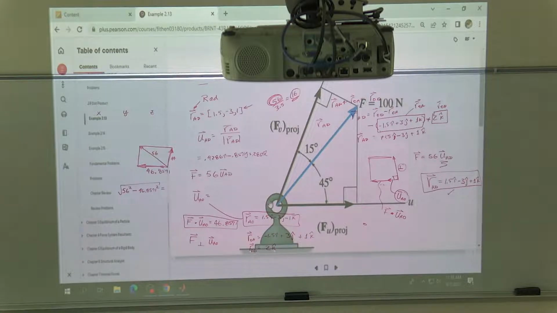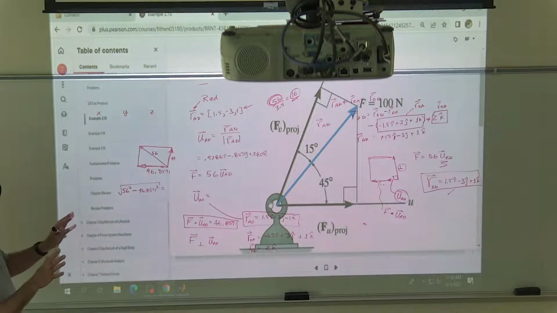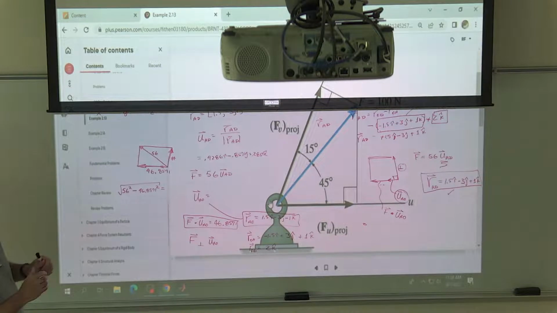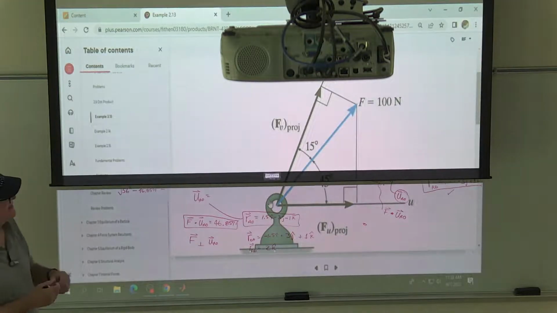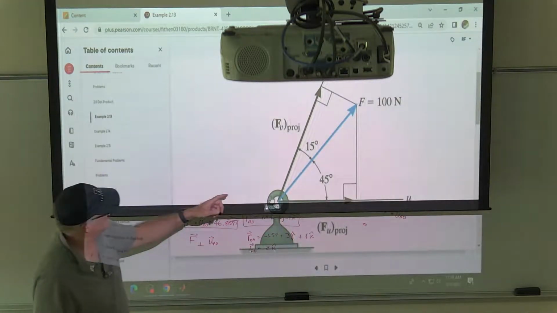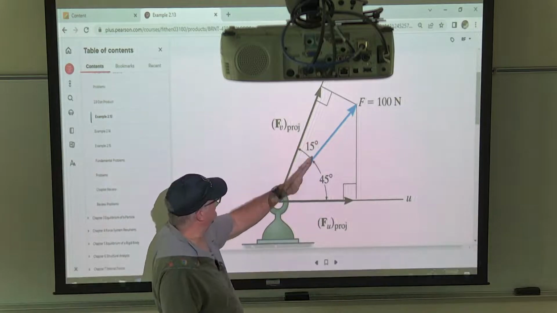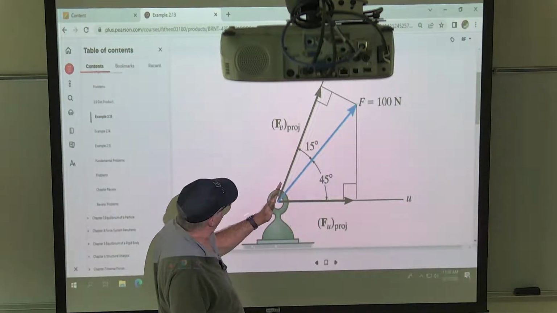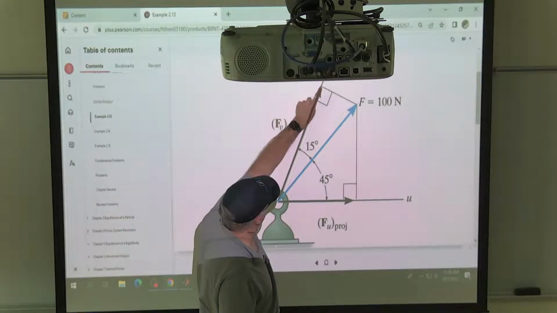Well, here he's actually using the word projection. So this is a weird one, but it is probably appropriate to talk about. He took this 100 Newton force and projected it on that V, and it made this 90 degrees.